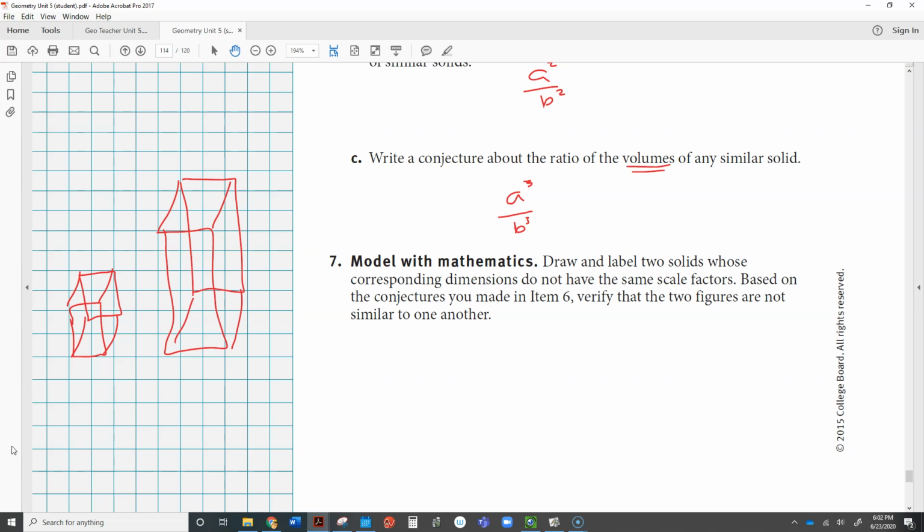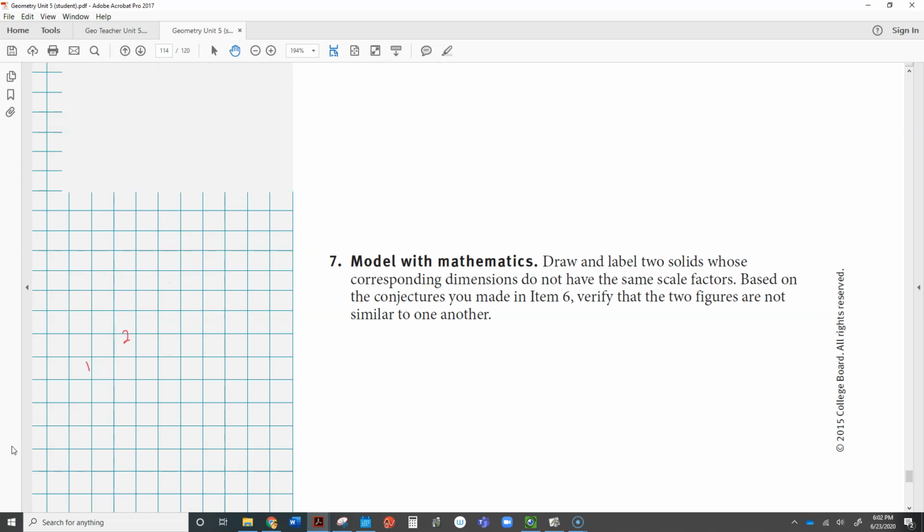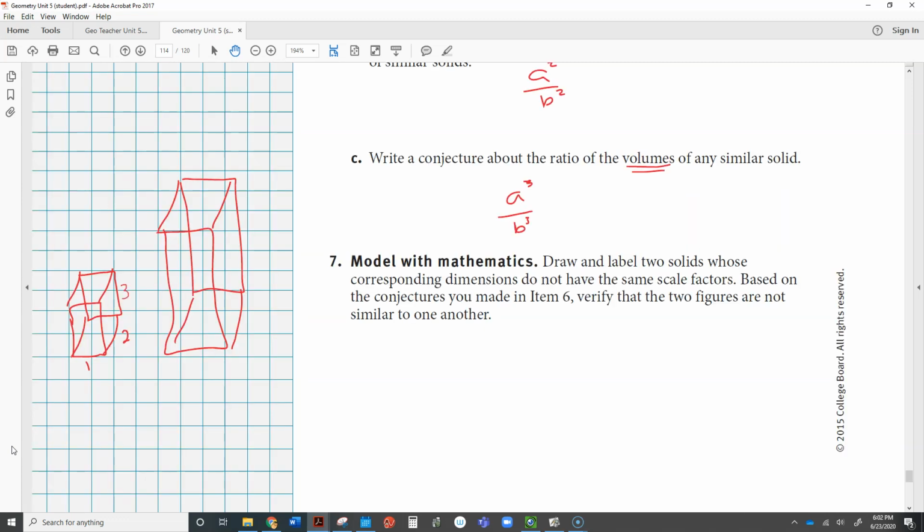So let's make this 1, 2, 3, and let's make this 2, 2, 4. Now I know those are not going to have the same scale factor, because this one right here doubled, this one stayed the same, and this one went up 1/3 by 1/3.